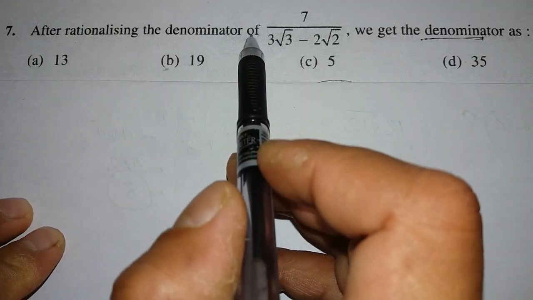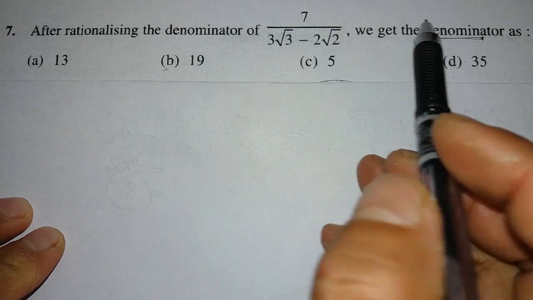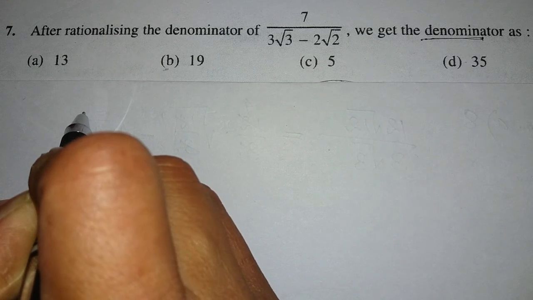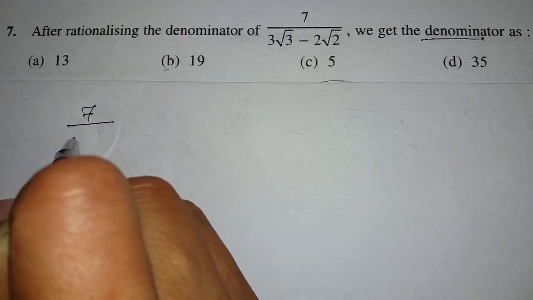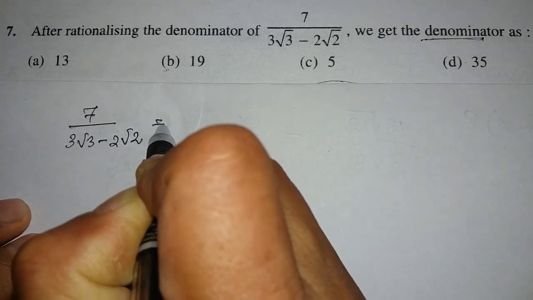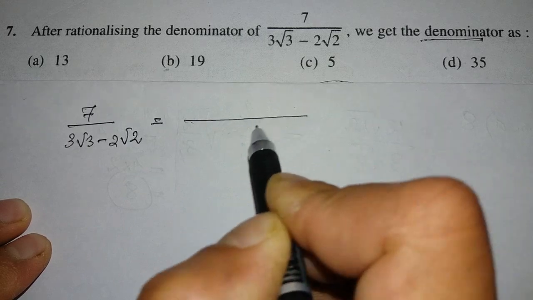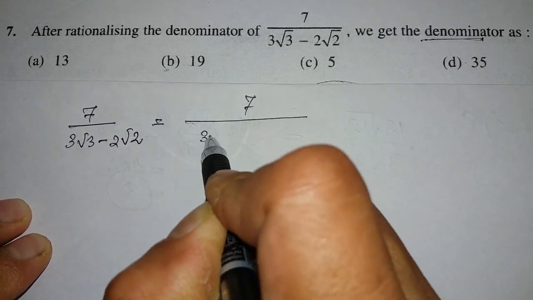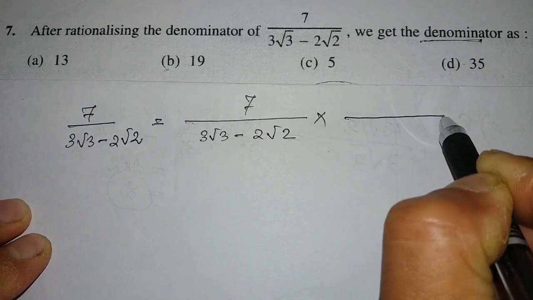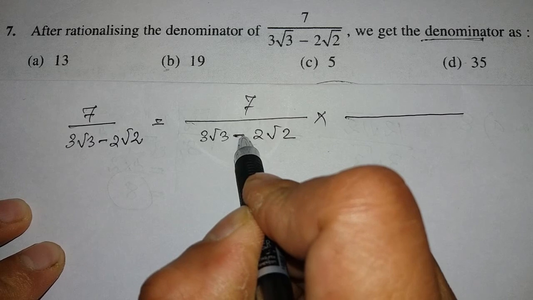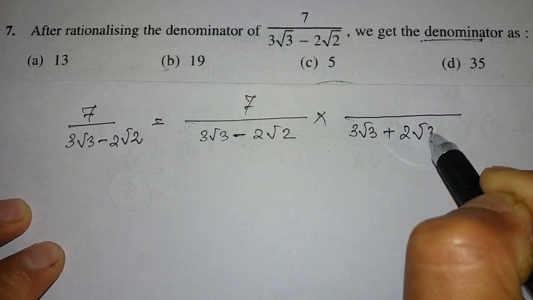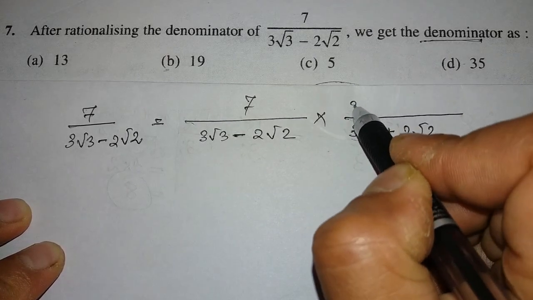After rationalizing the denominator of 7 by 3 root 3 minus 2 root 2, we get the denominator as, okay, so here also we're going to rationalize the denominator. 7 by 3 root 3 minus 2 root 2 into, okay, this is minus, so we will write plus here, and the same thing you're going to write up here.